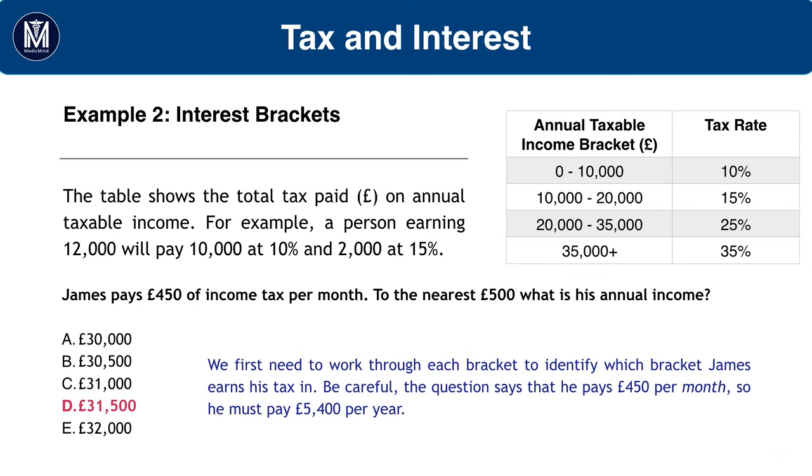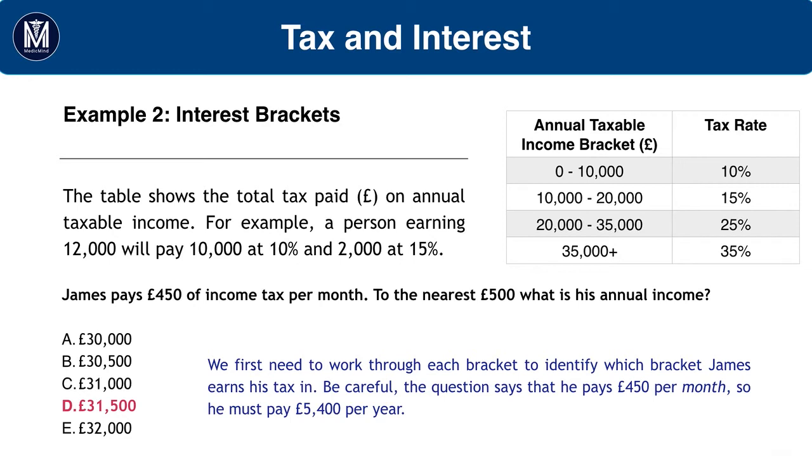So first of all, you want to identify which tax bracket he's earning money in. But looking at the question, they've given you the tax bracket because all the options A to E fit into the third tax bracket of 25%. Therefore, we know that he earns in this tax bracket. He pays £450 of income tax per month.